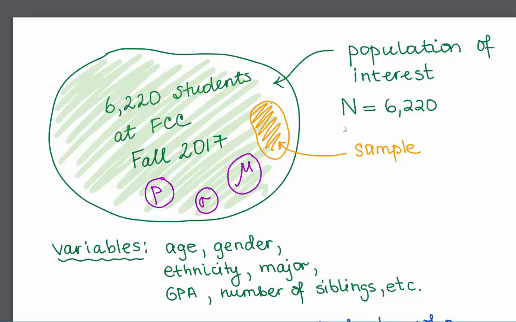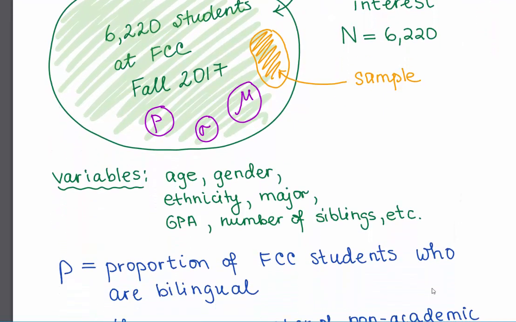And as I survey them, I can ask them things about age, gender, ethnicity, their major, their hobbies, and so forth. And as I ask these questions, the answers will vary, hence variables. So these are just some examples of variables.